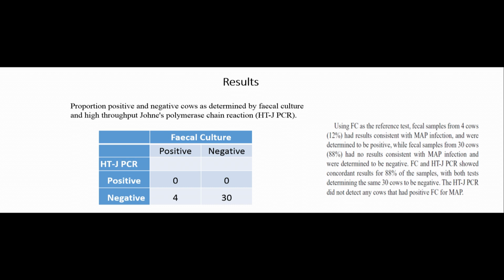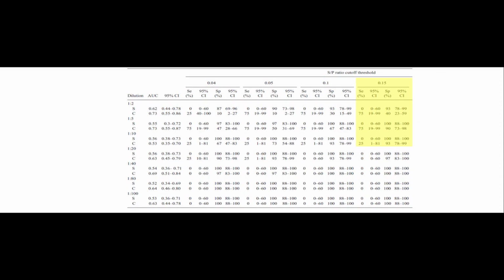And what you can see here is we got no positive results with the HTJR across the positives or the negatives. In other words, it couldn't pick up any positives. With the fecal culture, we had 4 positive animals and 30 negatives. So effectively, HTJR gives a sensitivity of 0 and a specificity of 100%.